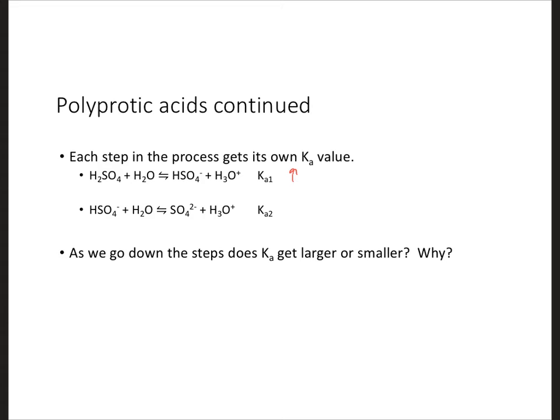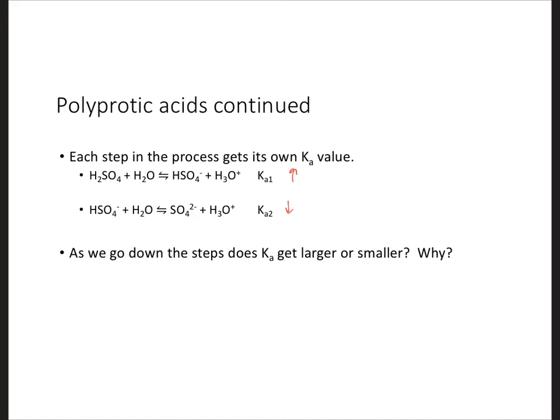Now when we're left with HSO4, we're talking about giving up that second proton. It's actually more difficult to give away the second proton, and because of that, that Ka value is going to be smaller than the first Ka value. So as we go down in steps, it gets harder to give away the proton, and that means we're going to end up with smaller and smaller K values as we go further and further steps.